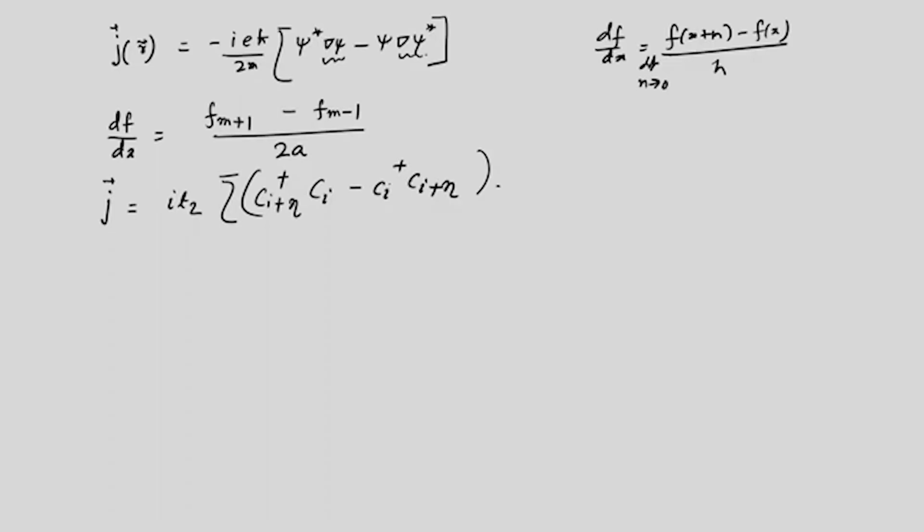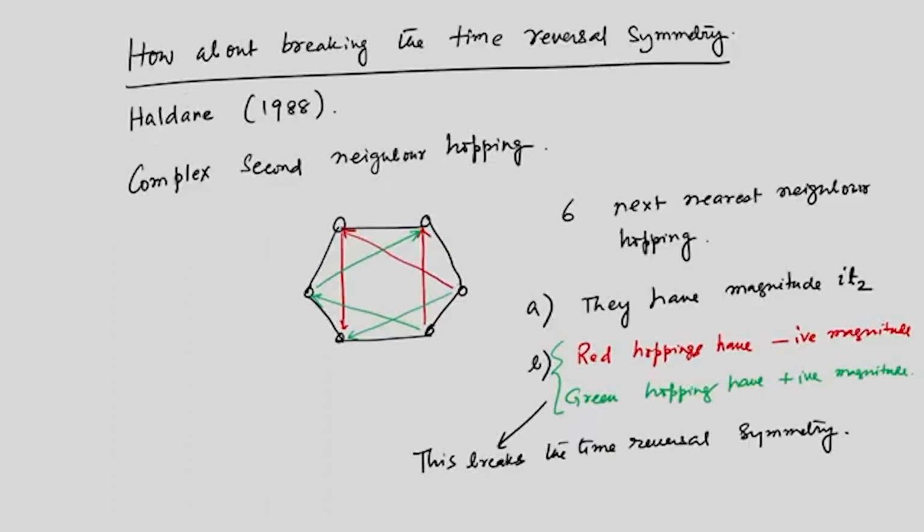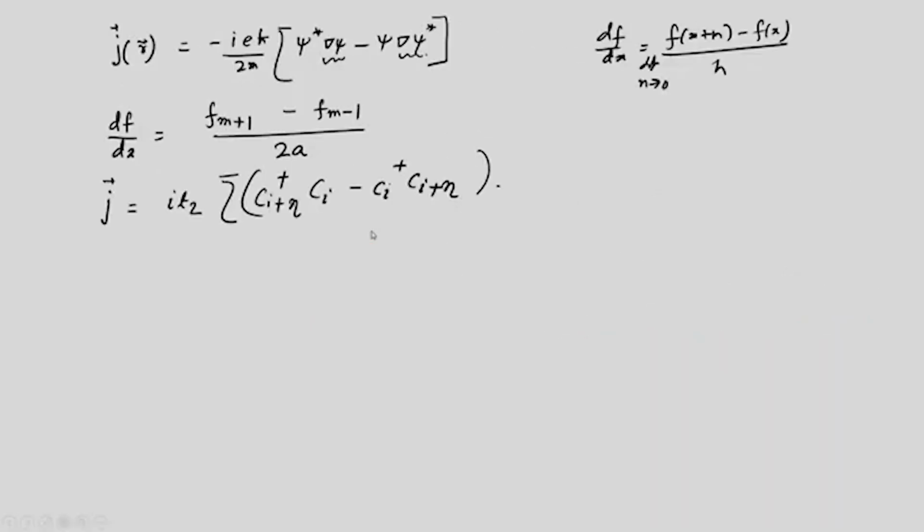Chiral means that there is a direction dependent hopping. The green ones and the red ones have different signs, which means that the clockwise hoppings have one sign and the anti-clockwise hoppings have another sign, and that breaks the time reversal symmetry of the Hamiltonian, and these eta are nothing but the next nearest neighbors.